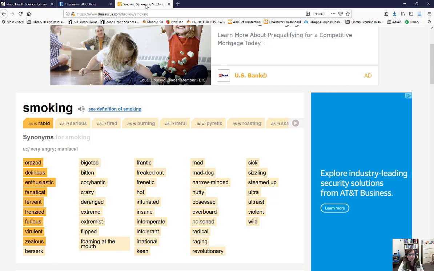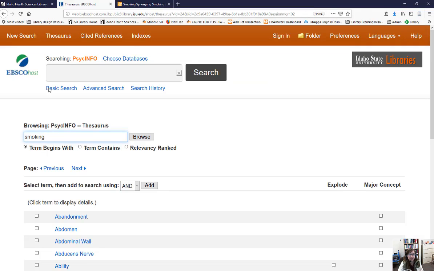So that's why thesaurus.com is not helpful in this case. If we use a thesaurus in PsycInfo, we're going to find only those official phrases that are added onto the records as subject headings. So now we're searching an official list of all of the subject headings that could appear on a record in PsycInfo.